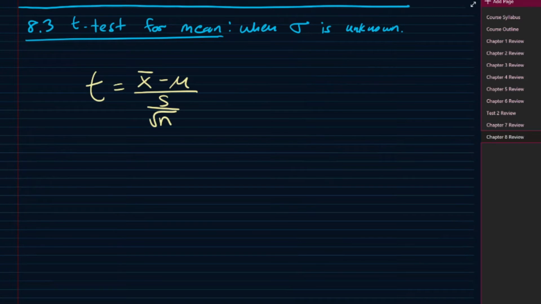Sorry, I put that in the wrong spot. It's s, not sigma, because we don't know sigma. Sigma was used when we know sigma, but if we don't, we use our best estimator of sigma, which is s, the standard deviation of the sample. And remember, df is just n minus 1.